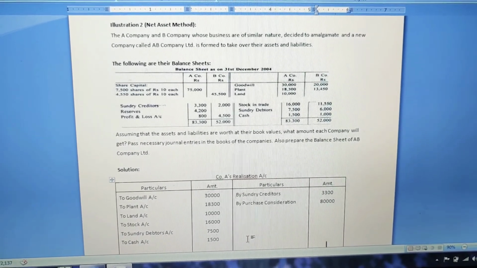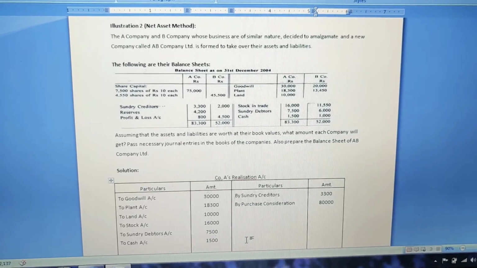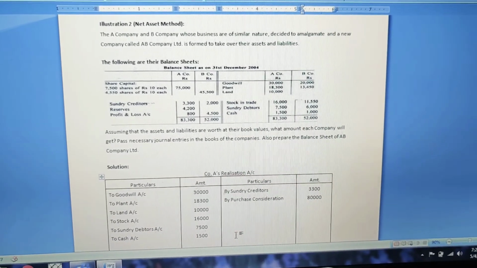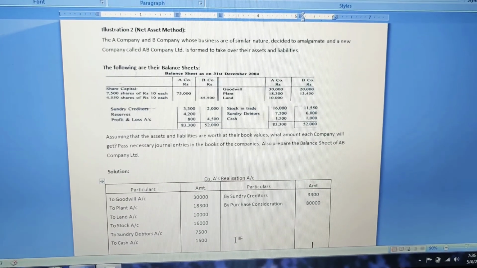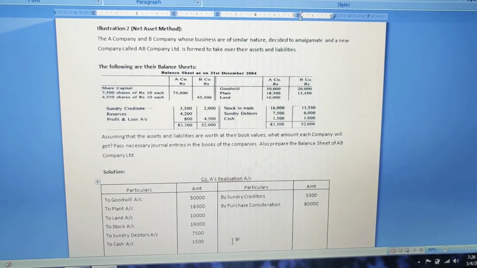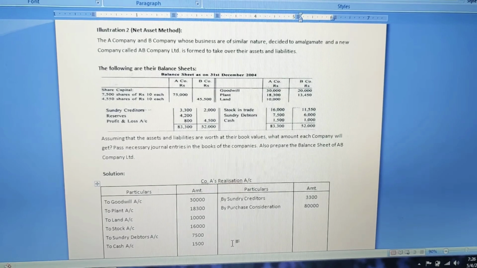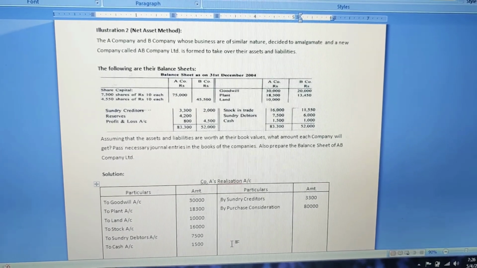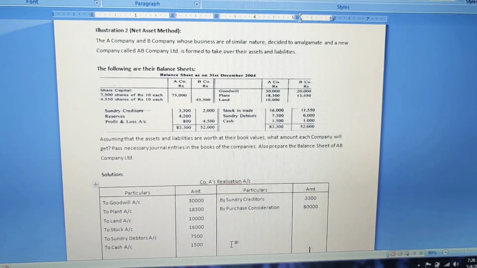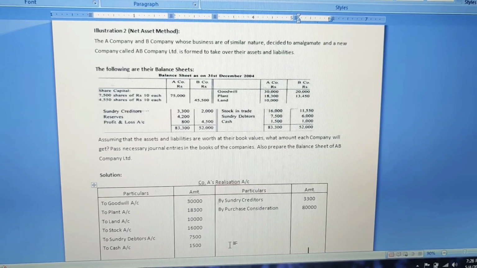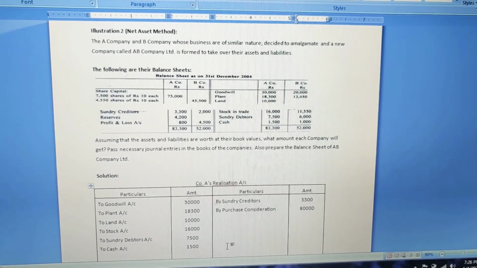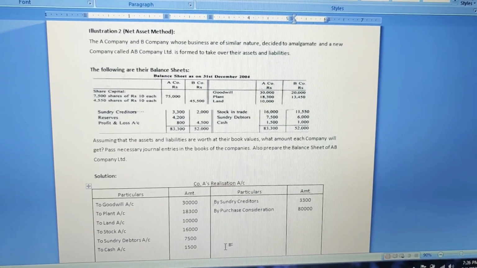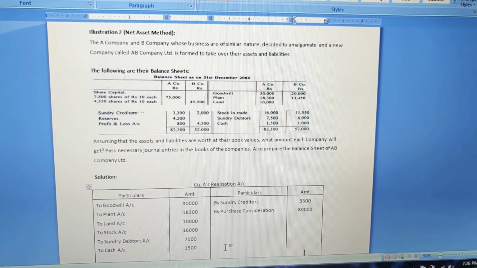So what you have to do for A Company, we can take the example of A Company. What ledgers you have to prepare: realization account, equity shareholders account, and if preference shareholders are given in the question, then you have to make the preference shareholders account. If debentures are given, then you have to make the debenture holders account as well.